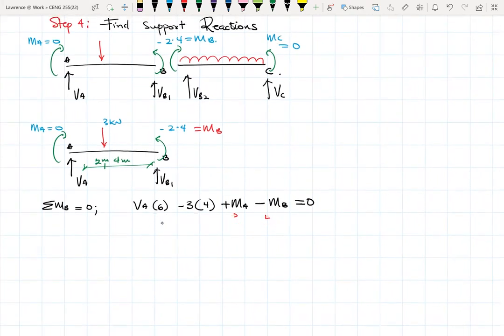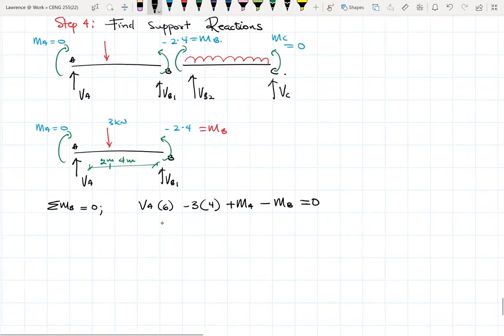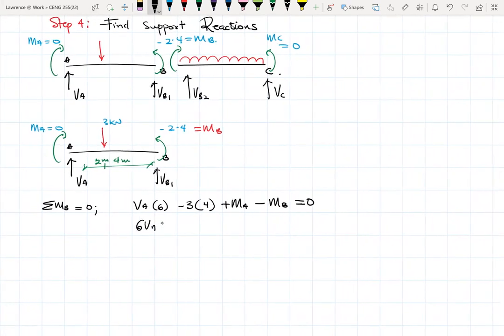So I can delete this now. We don't need that. So here becomes 6VA minus 3 times 4, is what? 12, right? Our MA is 0. But our MB is equal to minus 2.4.